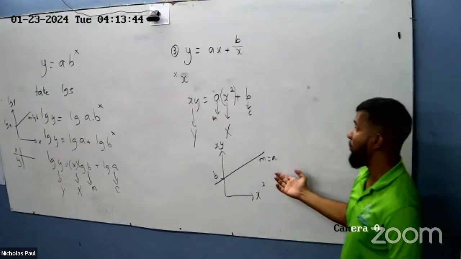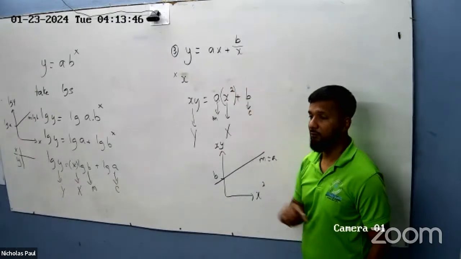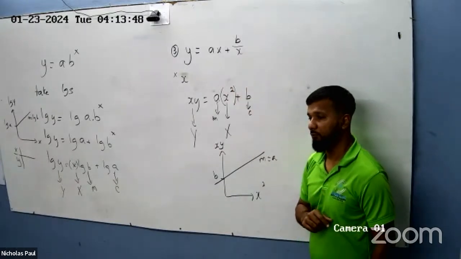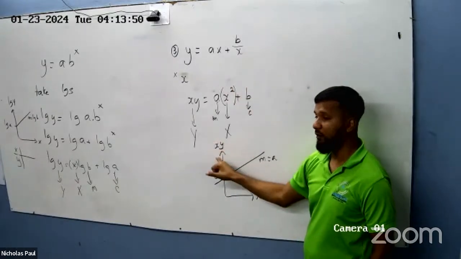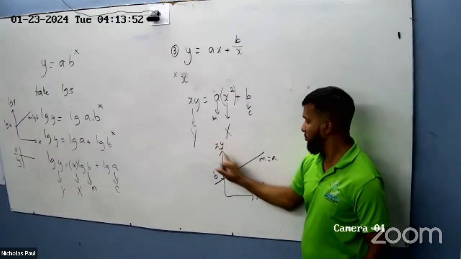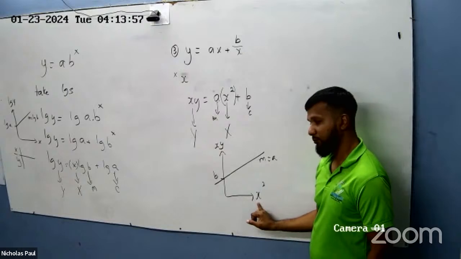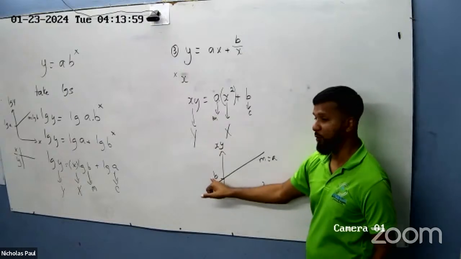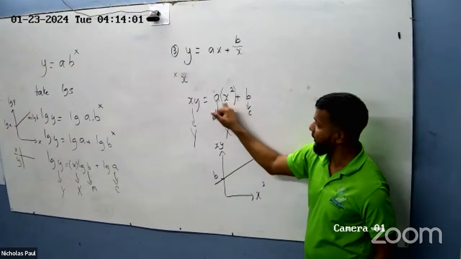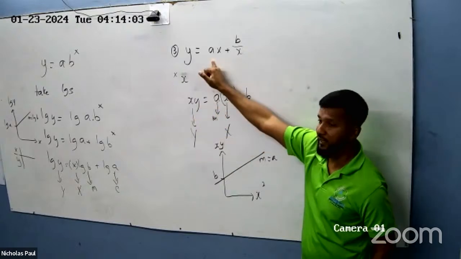If you could go from here back to there, what would you do? So this will be a, this will be a, this will be x, and this will be a.